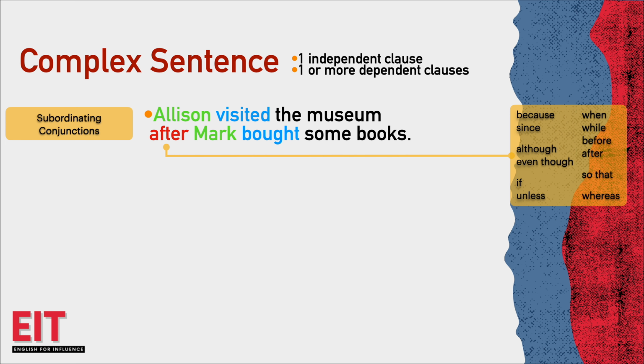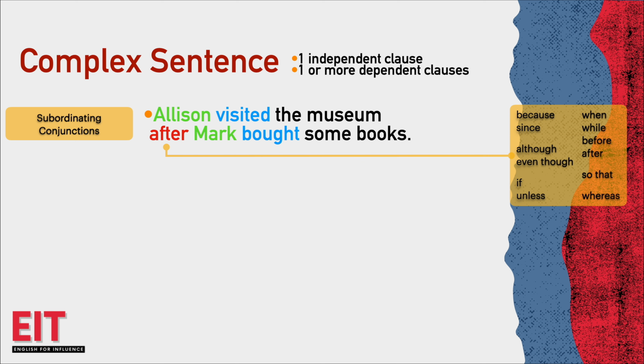So do you remember what our subordinating conjunctions are? We have because and since for reasons, although, even though for opposition, if, unless for condition, when, while, before, after for time, so that for purpose, whereas for comparison, contrast.